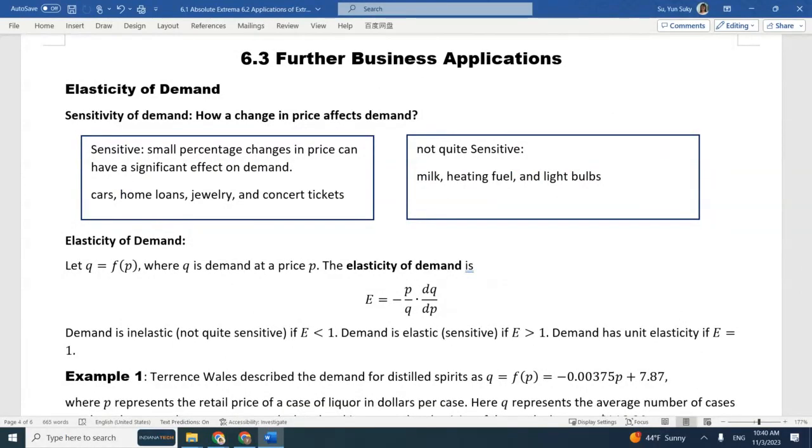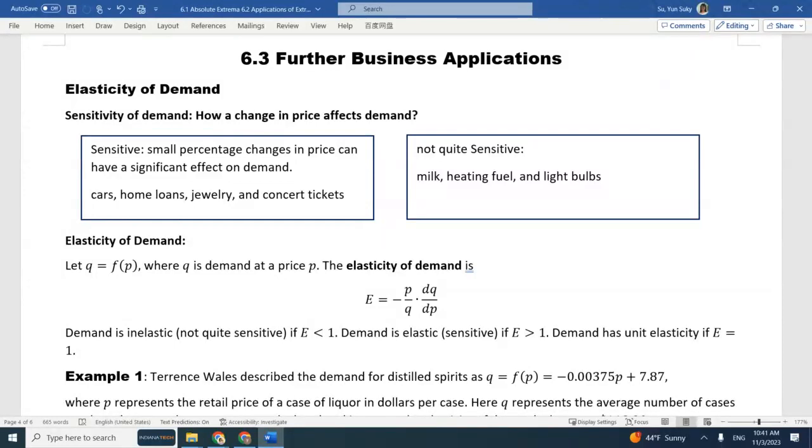Okay, elasticity of demand. Elasticity measures the sensitivity of demand, how a change in price affects the demand. If your price increases, your demand goes down, right? Because it's more expensive, you don't want to buy it. If your price is cheaper, your demand goes up, okay?